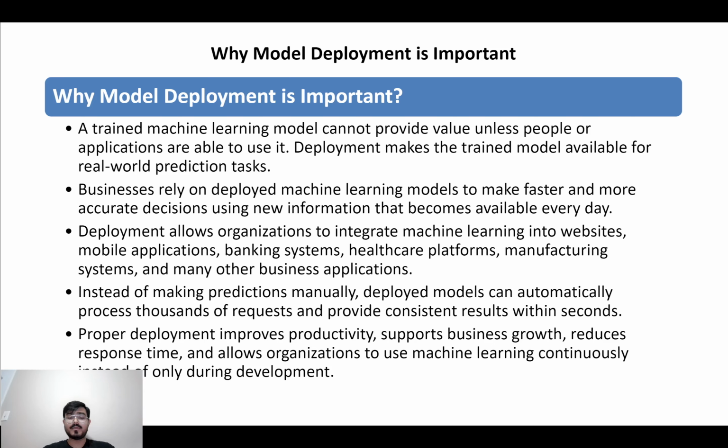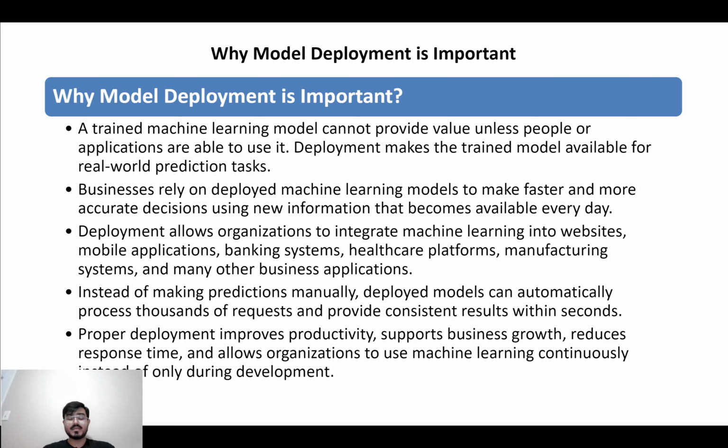A bank may deploy a fraud detection model that checks every transaction before approving it. A manufacturing company may deploy a predictive maintenance model that warns engineers before a machine breakdown. All of these organizations are using deployed machine learning models to solve real business problems. Another important benefit is speed.